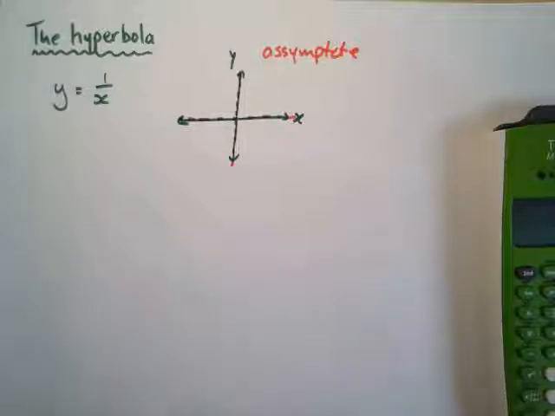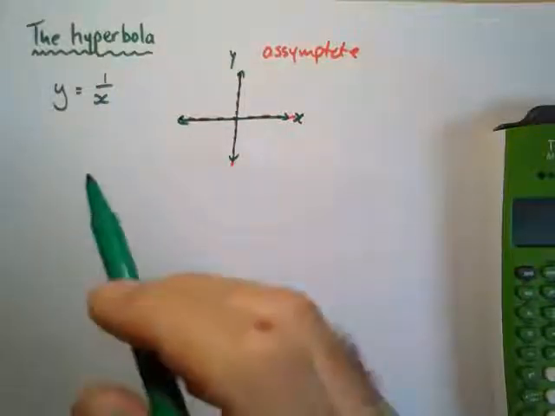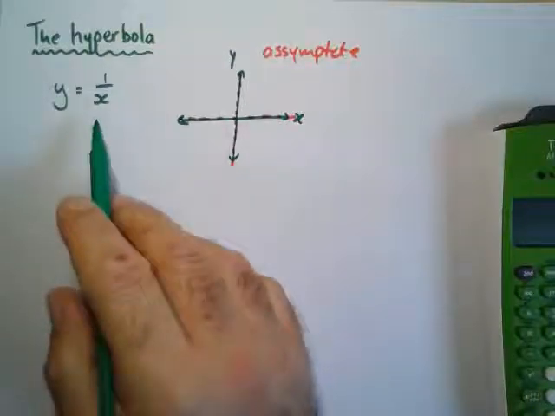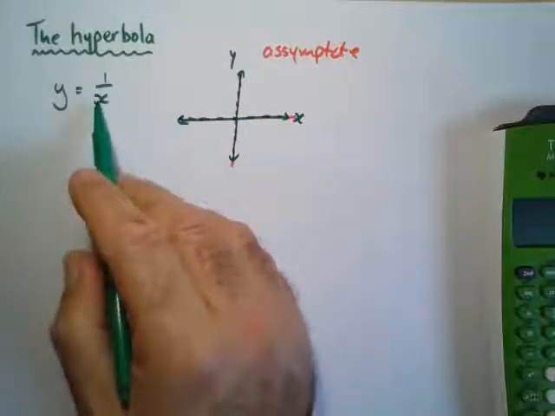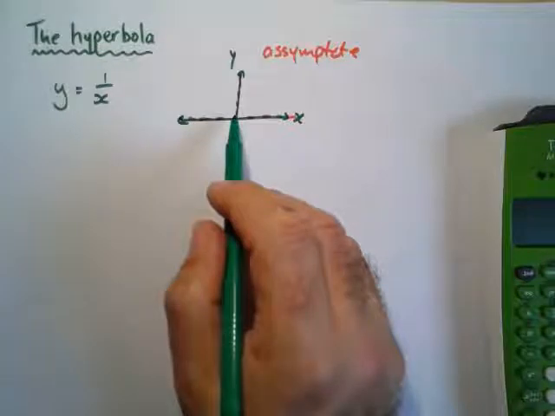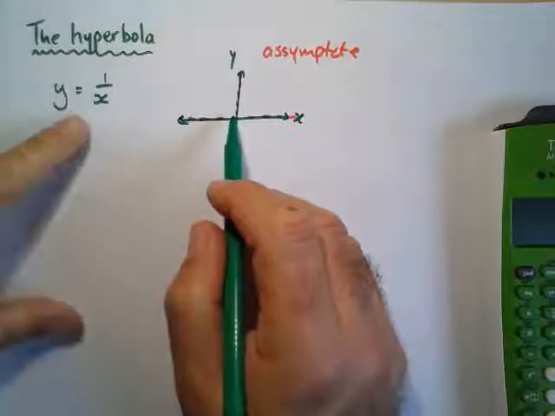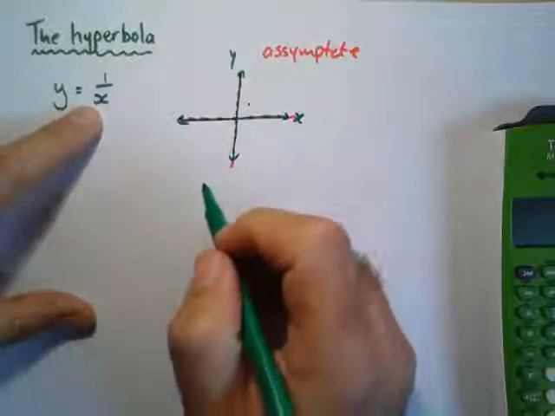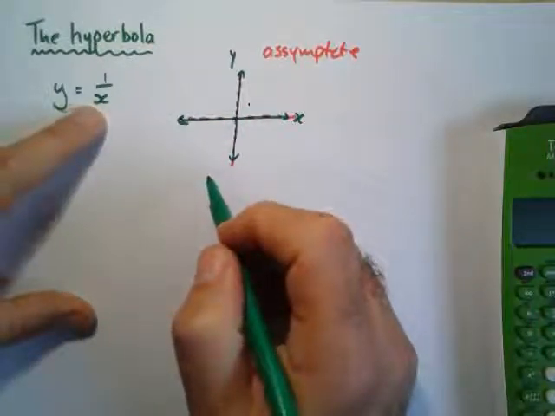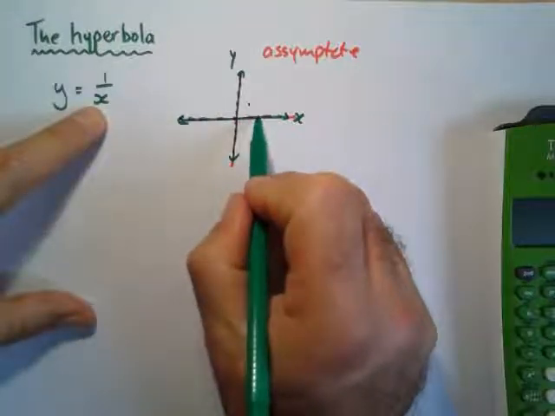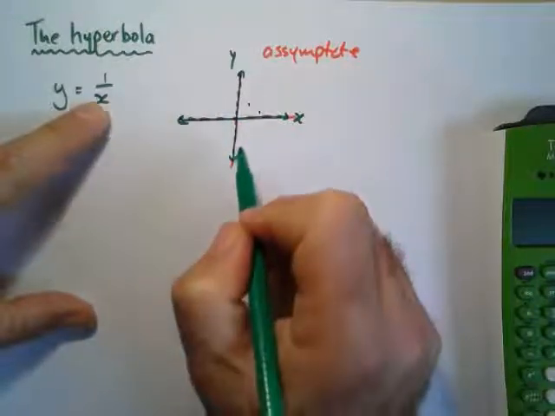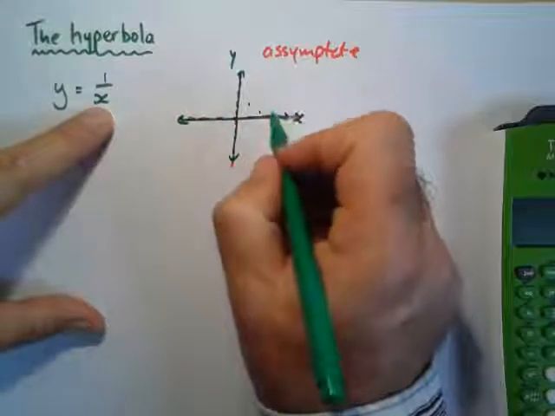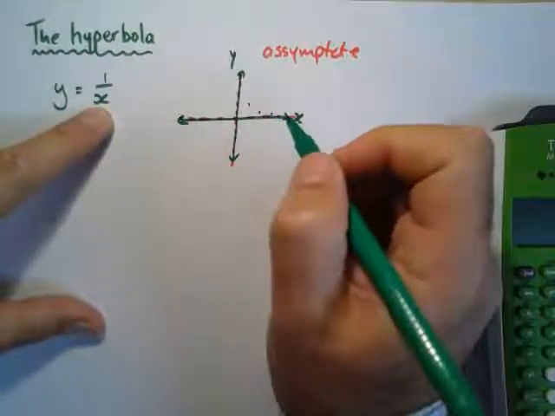Now, when we started doing graphs, we started with a table. When x is 0, well, x cannot be 0. If x is 0, this function is undefined. If x is 1, y is 1. When x is 2, y is a half. When x is 10, y is 0.01.